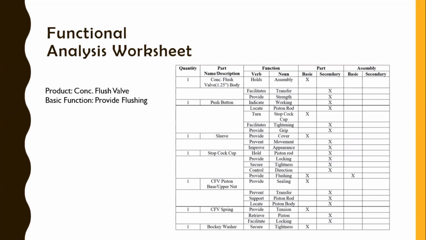Okay, and there is another one. So that is facilitate transfer, and it provides strength. Also, it indicates the working. Also, it locates the piston rod, and it turns the stopcock cup.